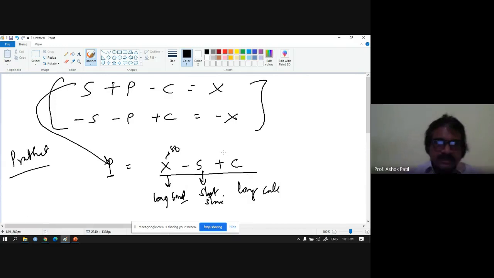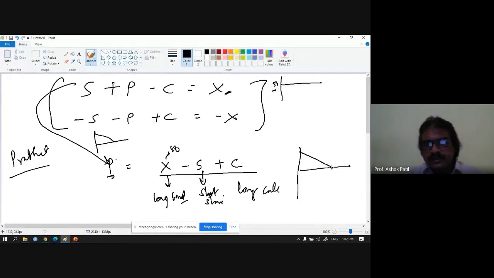Just change the figures, and that will give you practice whether my P looks like this or not. My output diagram should look like this. In the earlier case my output diagram was X, a fixed amount of 50. In this case my output diagram is P, so adding X minus S plus C should give you this.